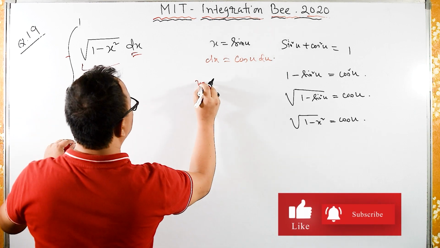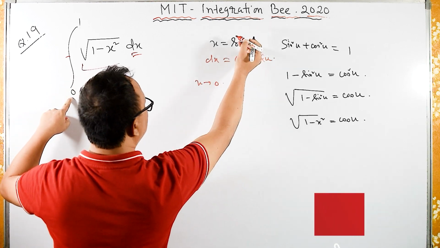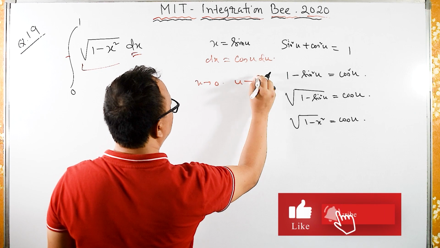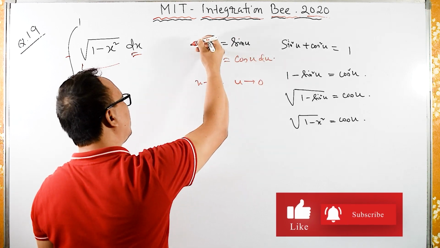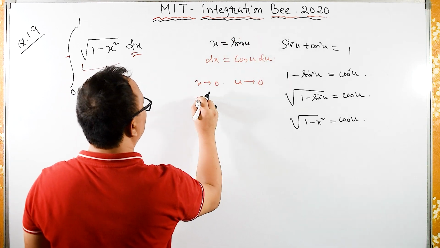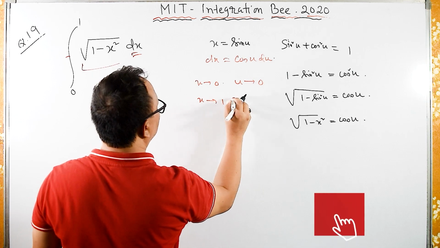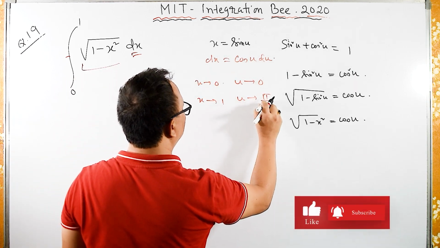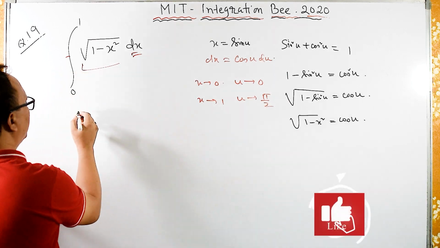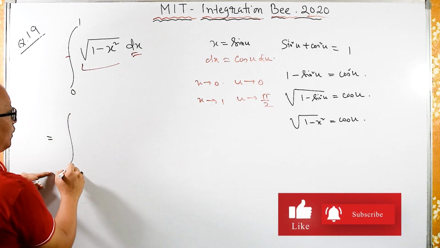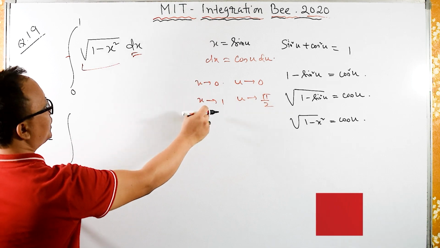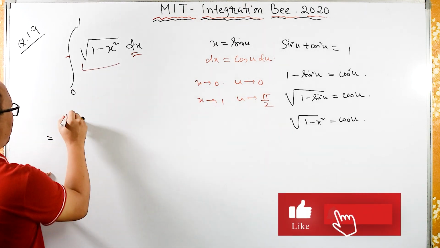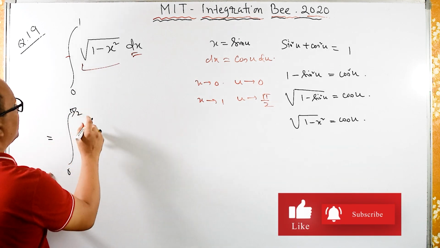Limit: when x tends to 0, u should be 0, since sine 0 is 0. When x tends to 1, then u should be 90 degrees, pi by 2. So therefore the limits 0 to 1 become 0 to pi by 2.